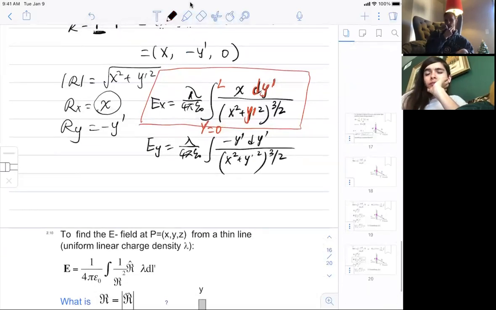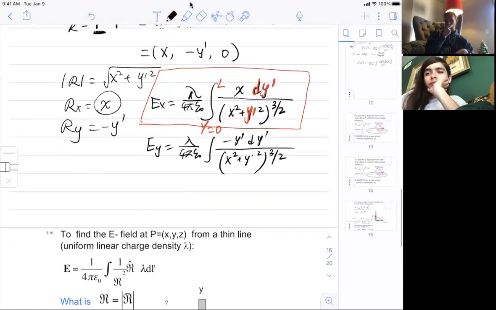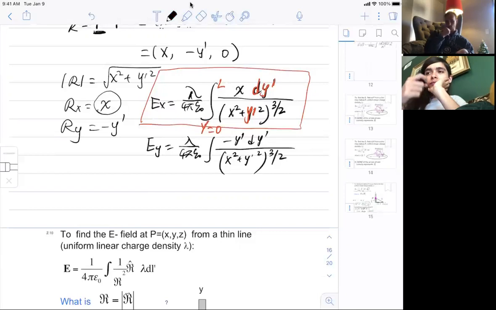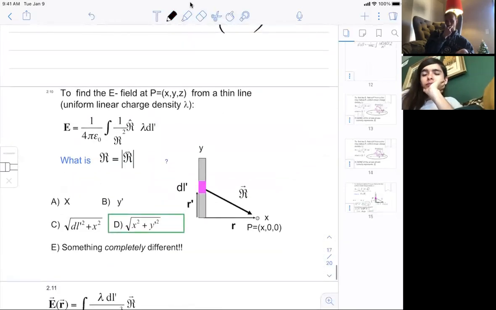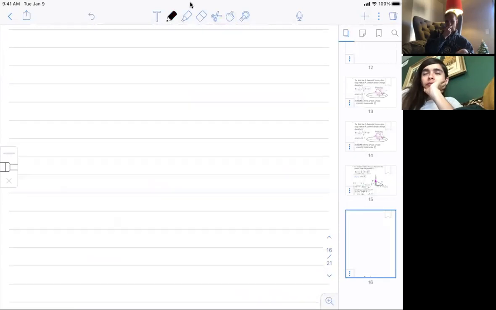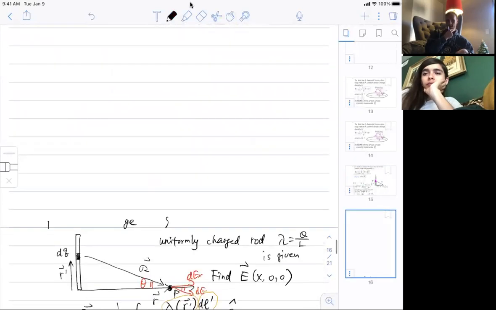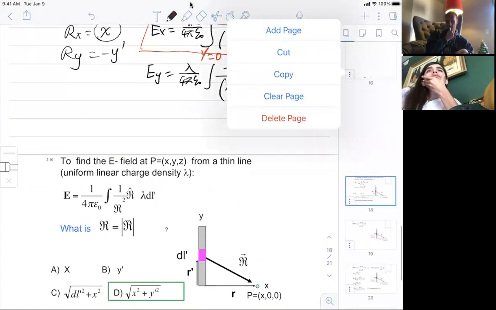See if I can add a page here. I couldn't insert a page exactly in between here.